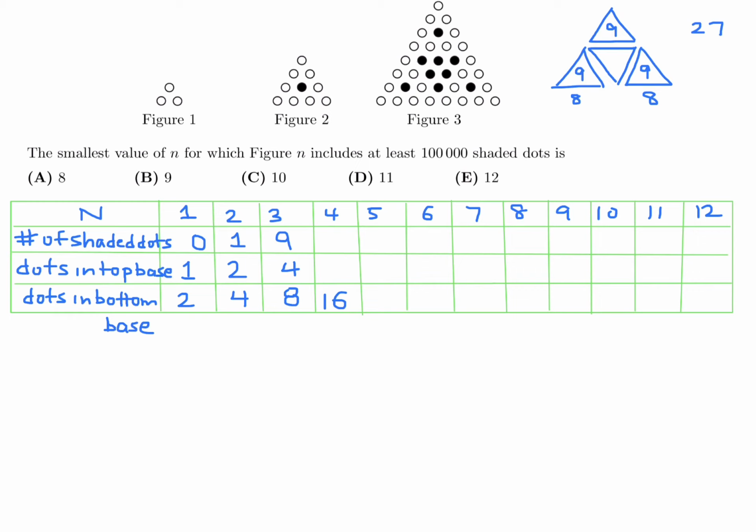Therefore 16. And the dots in the top base is always half of that number, so that's 8. And here's the top base right there. So the countdown would basically be 7, 6, 5, 4, 3, 2, 1. That inverted triangle would be like that.